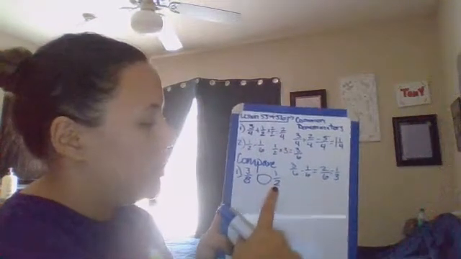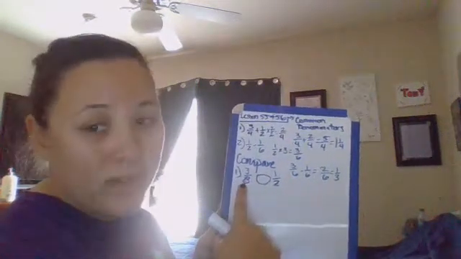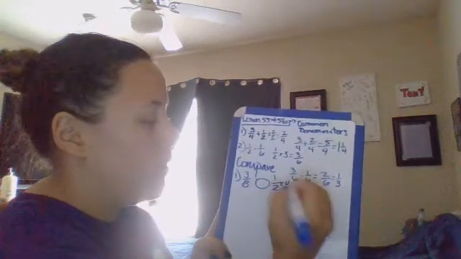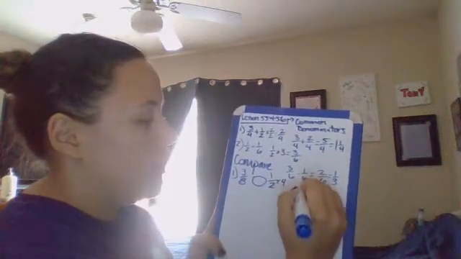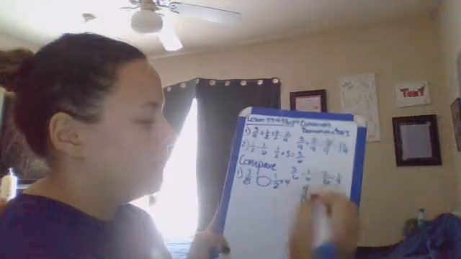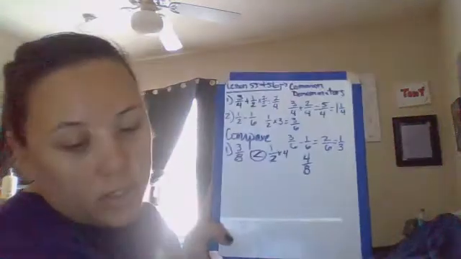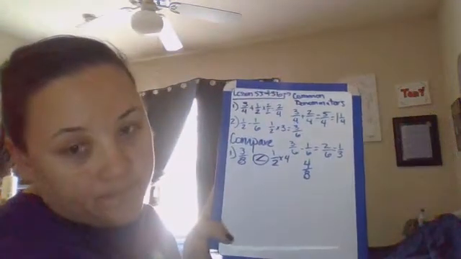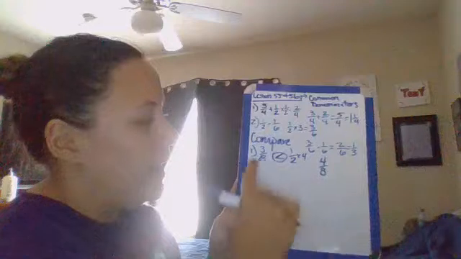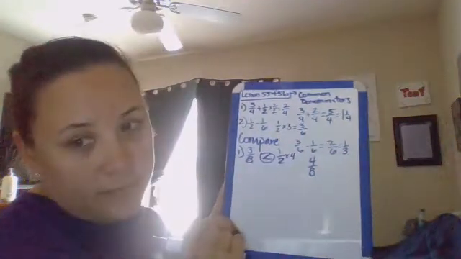So we can look at it and know that 2 is going to go into 8, and it goes in 4 times. So we're going to multiply this one by 4, which is going to give us 4/8. 4/8 is greater than 3/8. So we just plug that in. So 3/8 is less than 1/2.